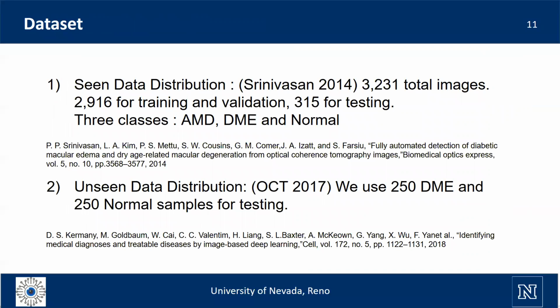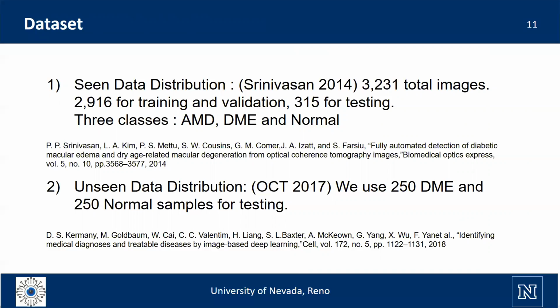For training, we use the Srinivasan 2014 dataset, which consists of 3,231 images with 2,916 images for training and validation, and 315 for testing. The dataset consists of 3 classes, namely normal, AMD, and DME. We use 5-fold cross-validation for training our networks.